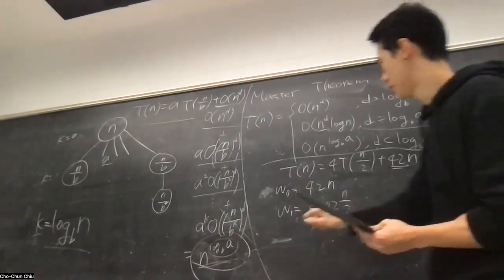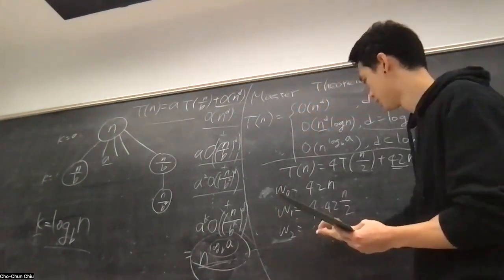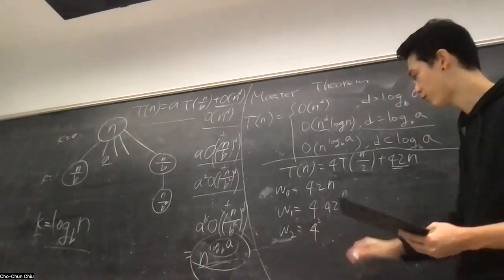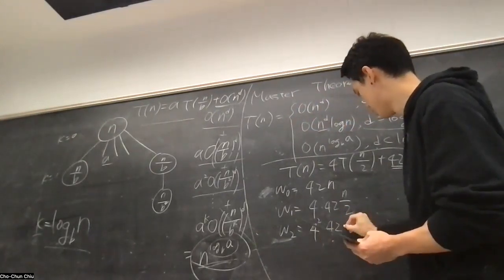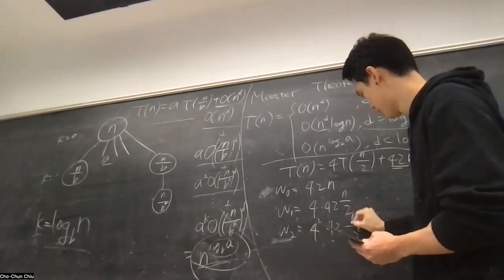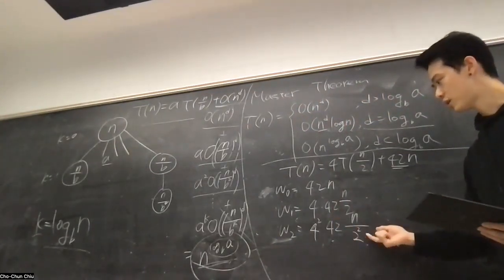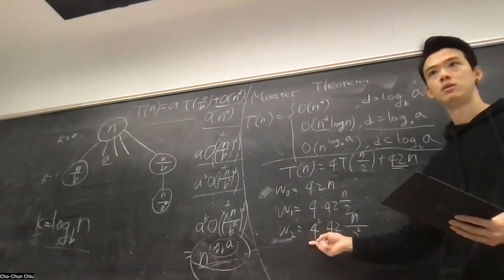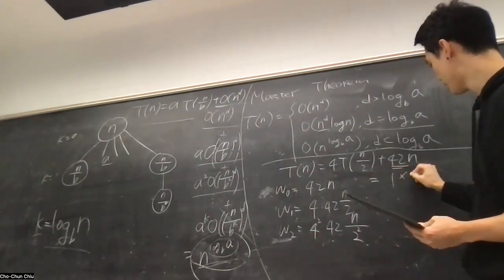And then for k equal to 2, that's going to be 2 to the power of 2, 4 to the power of 2, right? And then 42, and then like this. You see the subproblems are getting smaller, but at the same time, we have more problems to solve. So we can do a simple calculation. This is going to be 1 times 42n.